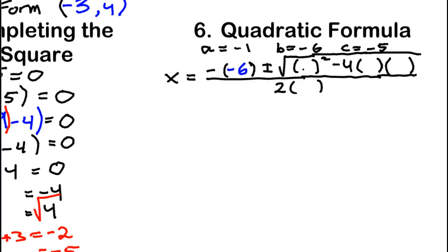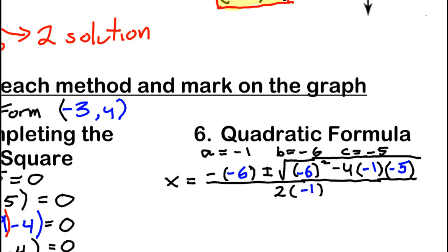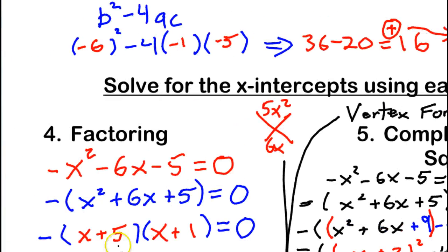So we got negative b, we got b, we got a, we got a, and we got negative 5. Now, this part, the discriminant, we already calculated it as 16, right? Already found out that b squared minus 4ac is going to be 36 minus 20, which is 16.